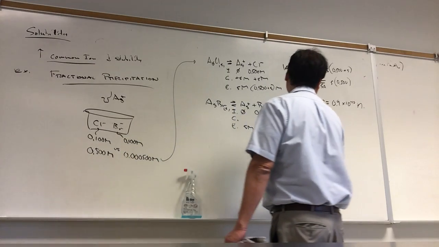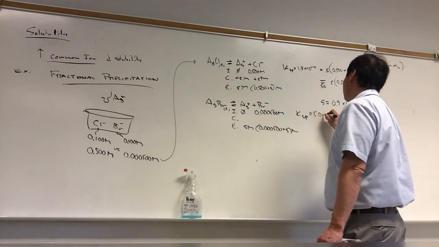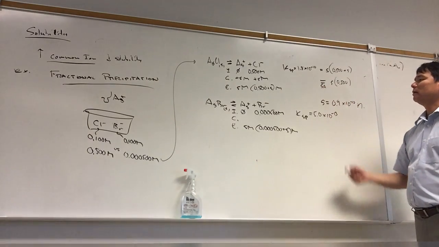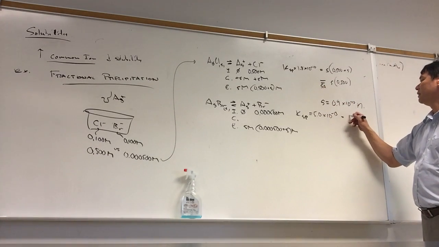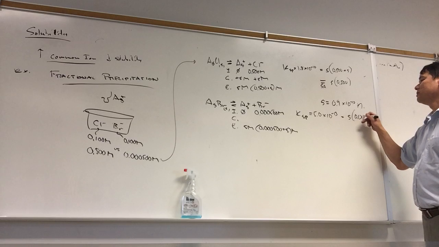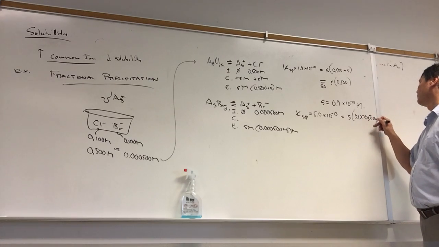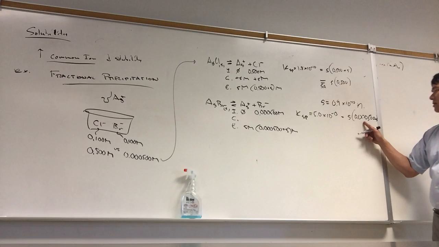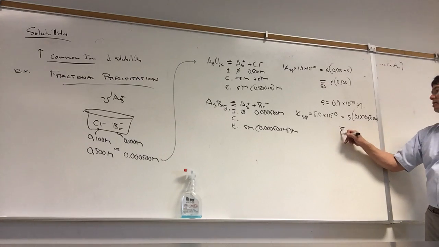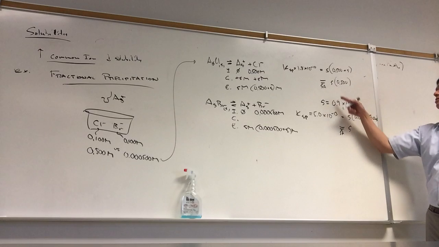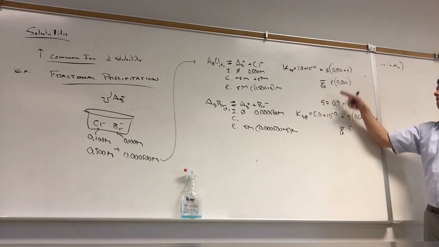The KSP for this is 5.0 times 10 to the minus 13, which is quite a bit smaller than that. This is going to equal s times (0.000500 plus s). Even though this is a small initial, we'll just try the simplifying assumption and see if it works or it doesn't. Here, the simplifying assumption is no problem. The change was minimal compared to the original.